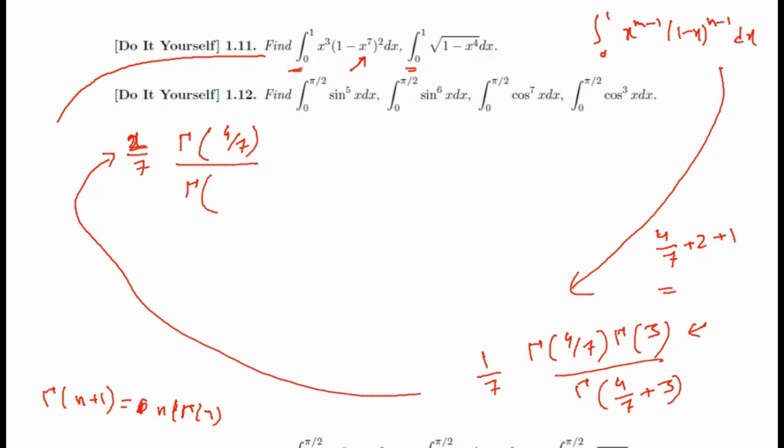Therefore, 18 by 7 plus 1, and you can write it as 18 by 7 gamma 18 by 7.